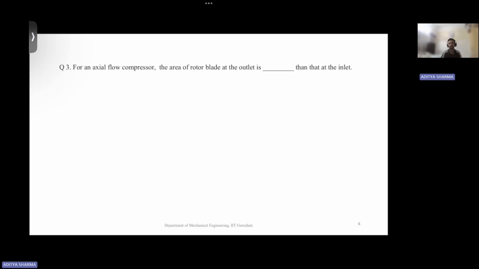Then moving on to the next question, question number 3. For an axial flow compressor, the area of the rotor blade at the outlet is.